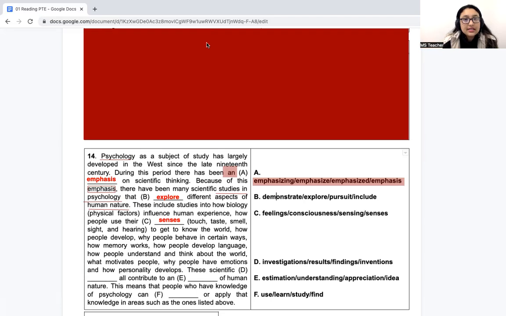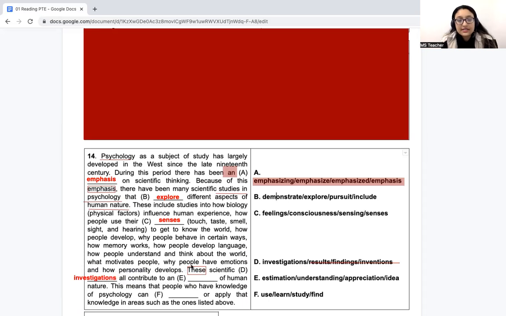So these here means it's a pronoun. So these scientific what are they doing here? They're asking questions. They are not giving us results. They're not giving us any findings, and they are not inventing anything. This is investigation. Investigation means knowing how, why, when, all this. So investigation is the right answer.